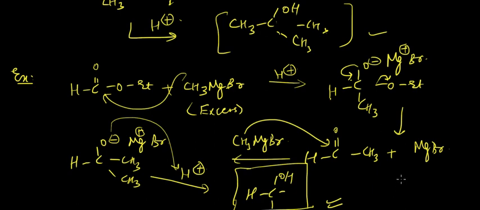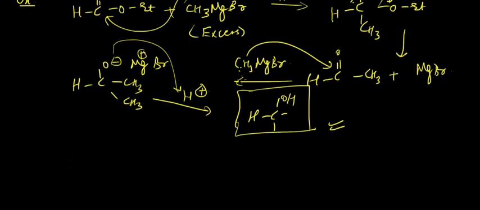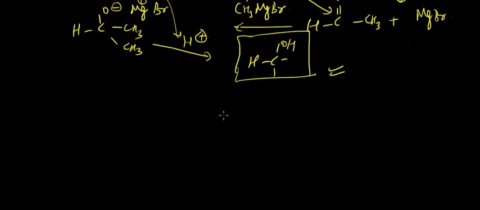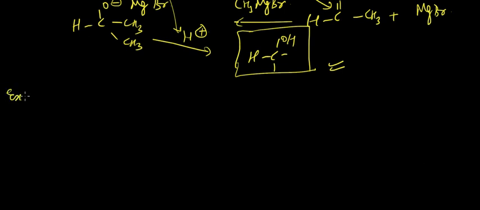Okay, so I hope you are following the examples till now. Let's look at some more examples. So here we have something like, let's suppose we have something like this. Now what will happen in this case? Again we have CH3MgBr in excess quantity.